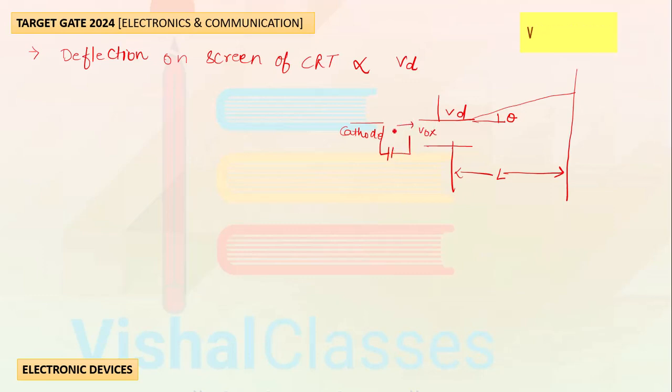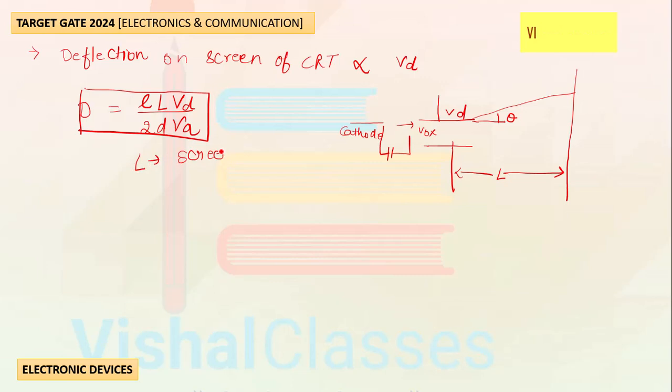So write this deflection formula. Deflection is equal to small l into capital L Vd upon 2dVA. Here small l is the length of deflection plates, and capital L is the screen distance.